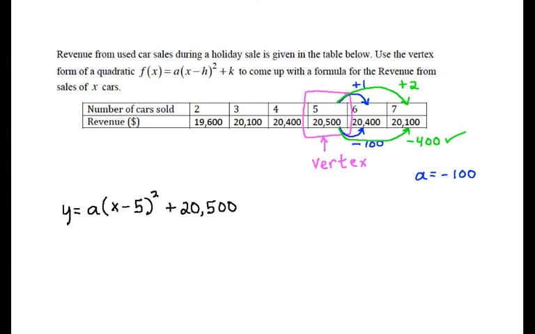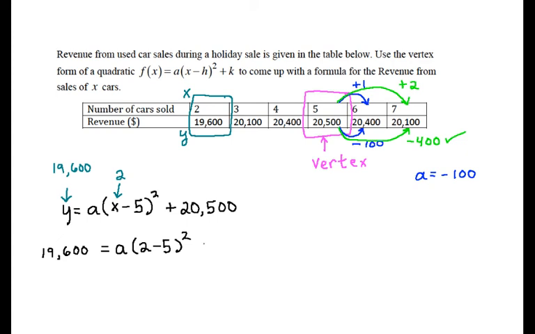But again, if I'm more comfortable with a process that I can follow, just take any point other than the vertex as your x and y, plug them in. We get 19,600 for y, and we get 2 for x. Plug them in and solve for a. I am going to subtract 20,500 from both sides.